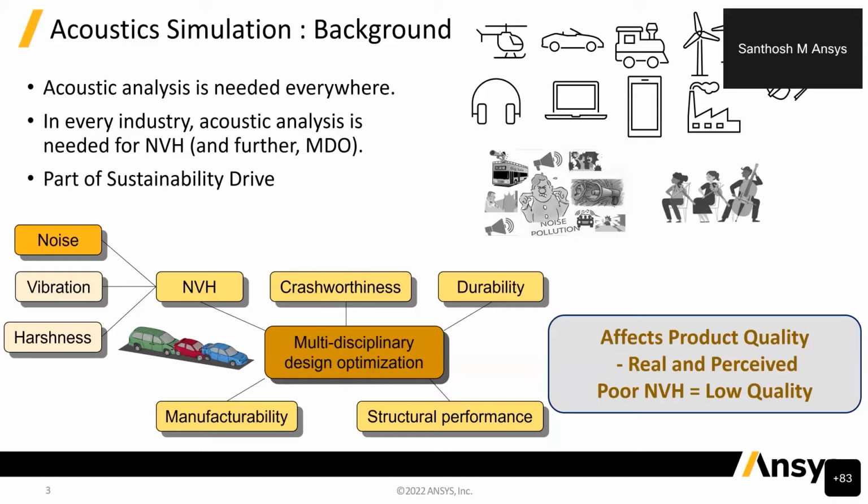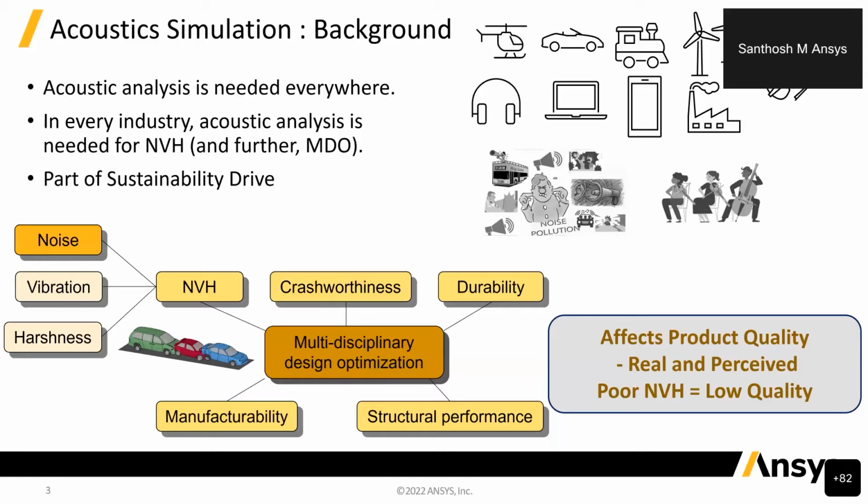It means that when we start the concept and when we go for the detailed design, the features, materials, and dimensions not only need to be optimized for stress or durability, we need to co-think about all the performance measures of the product. In that way, NVH becomes an integral part of multidisciplinary design optimization for any product.